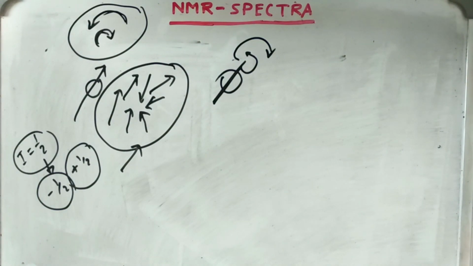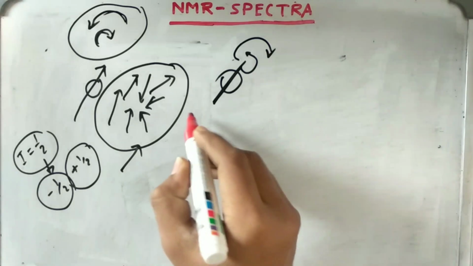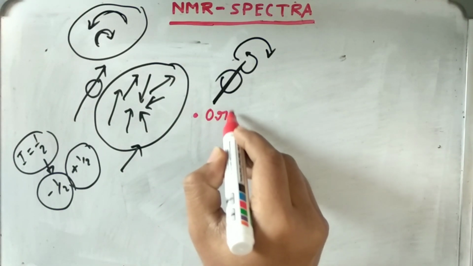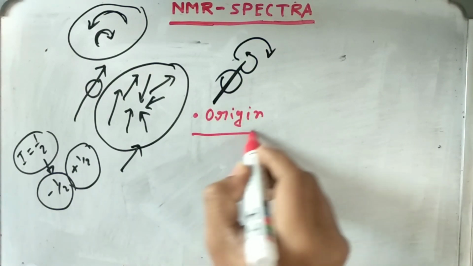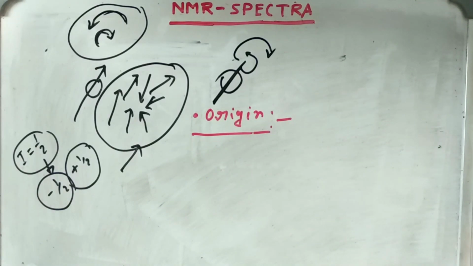Now coming to the next important point, the origin of the NMR spectrum. This is very important: how NMR spectra originate.